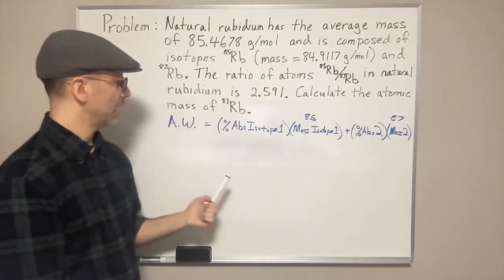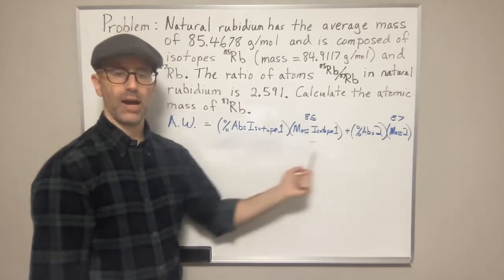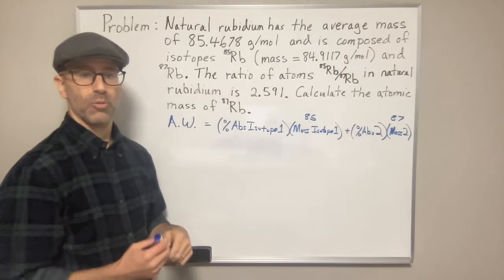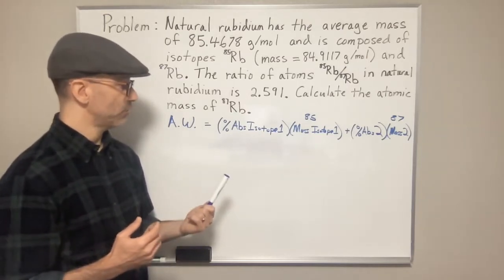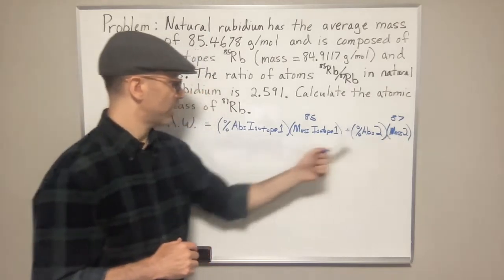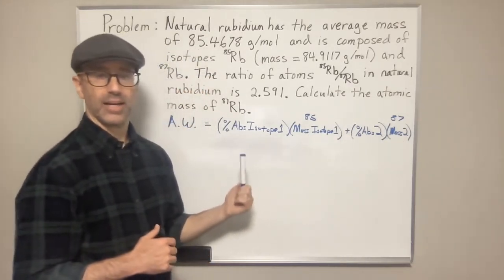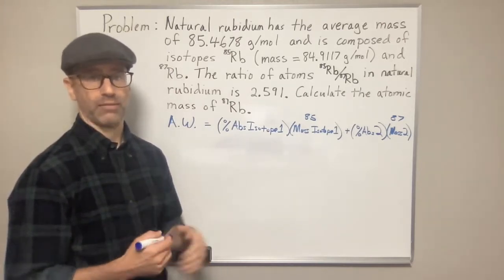But what they're not giving us is the percent abundances. So how do we solve this equation without percent abundances? Because we have 2 unknowns. Actually, we have 3 unknowns, mass of 87 and the percent. So we would need like 3 equations, unless we have another way of solving this.